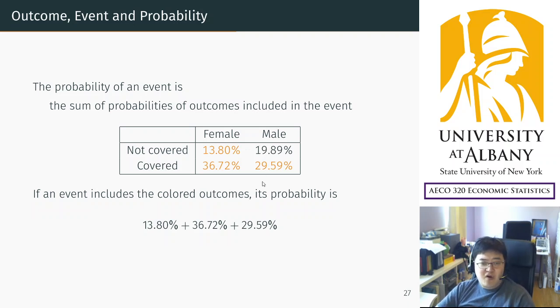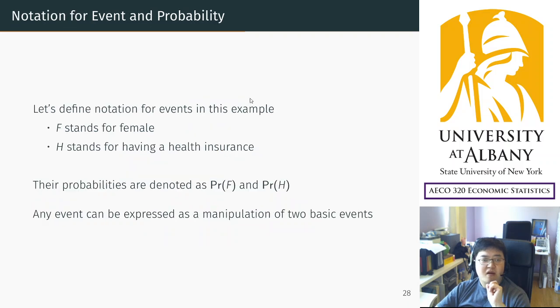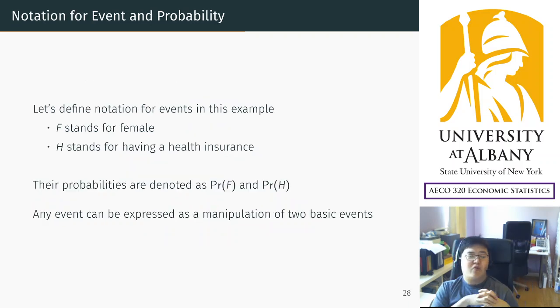So from now on, our main object will be an event rather than an outcome. We are going to use mathematical notation from now on. Let's define two notations for two basic events.